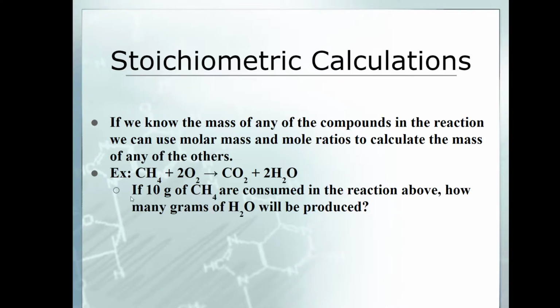All right, so it tells you the mass of the CH4 here, and it wants to know what the mass of the H2O will be at the end. So the way we're going to do this is by starting off by converting from mass to moles of our CH4.